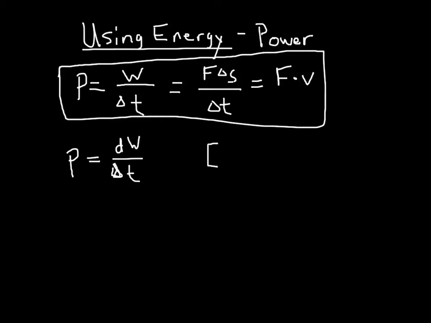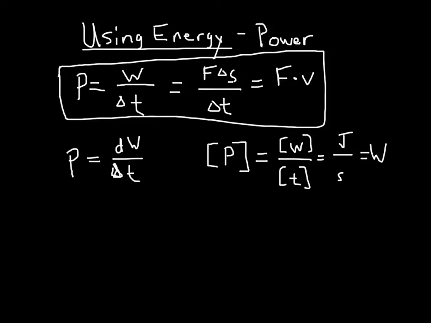The units of power are equal to the units of work divided by the units of time, which would be a joule divided by a second, which we give the name watts. So the power rating of your light bulbs, in watts, is the work the light bulb does divided by how long it takes.